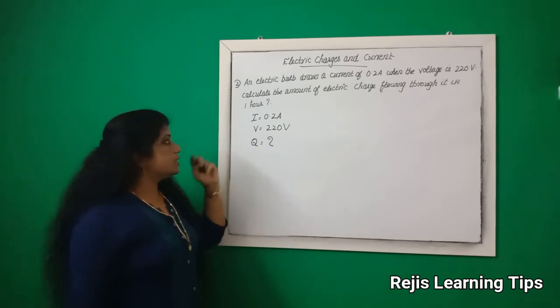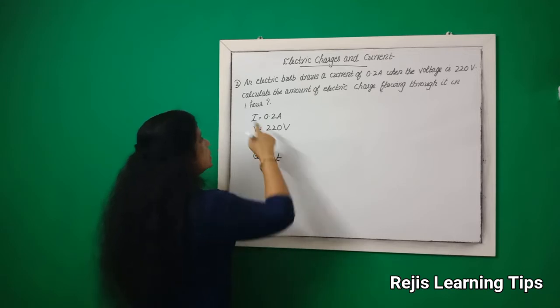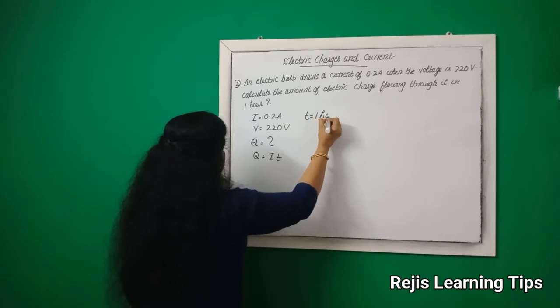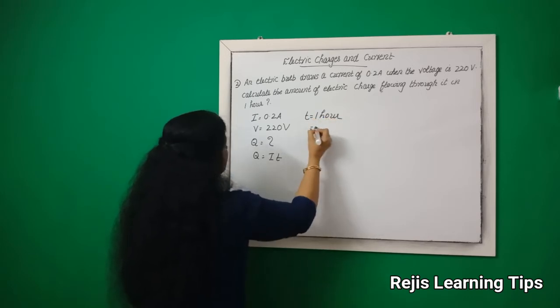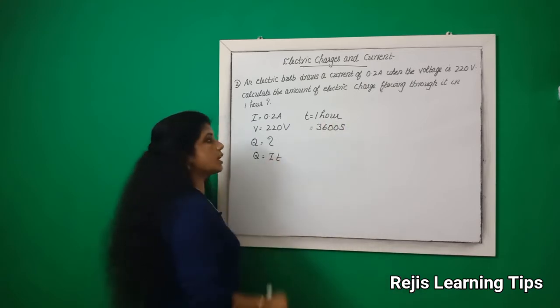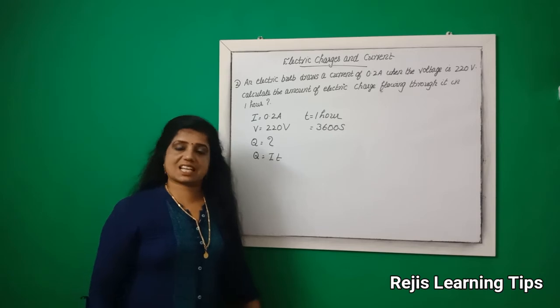How can we find Q? Q is equal to I into T. T is also given here. T is equal to 1 hour. 1 hour is equal to 3600 seconds. You should convert that 1 hour into seconds.